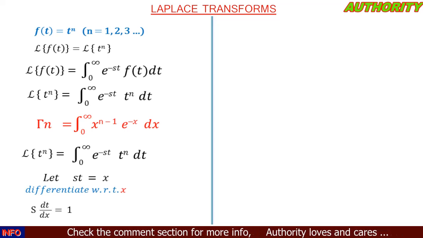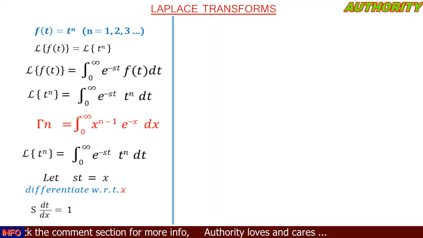So we want to find a new value for dt. In this place where we have s dt over dx is equal to 1, let's try and see if we can make dt the subject, so that as the variable t has changed, the dt will also change. You get this, right? Good. So now in this case, we have dt over dx equal to 1 over s.